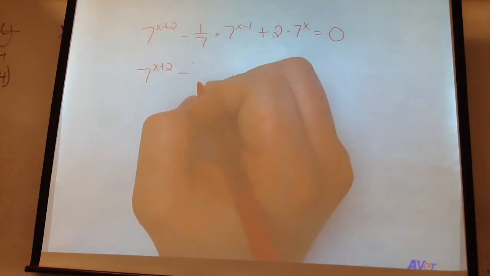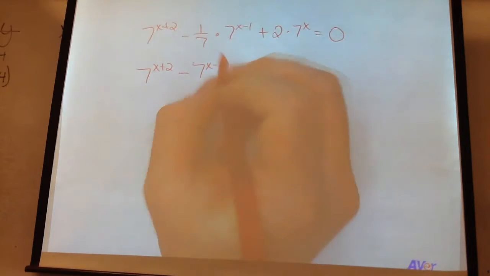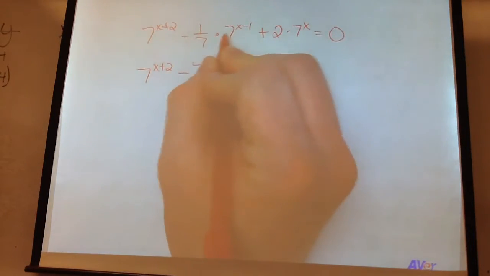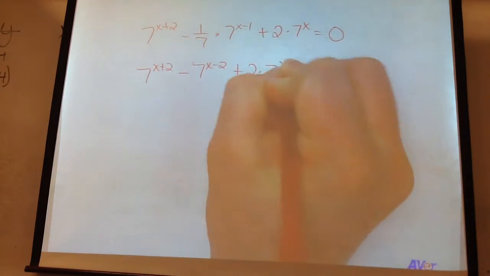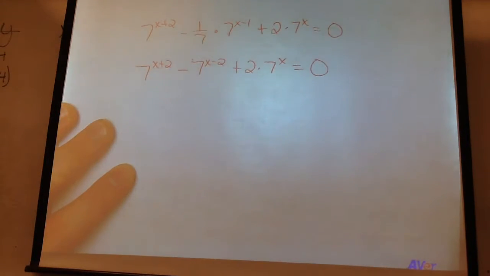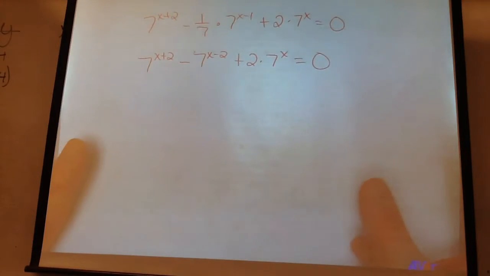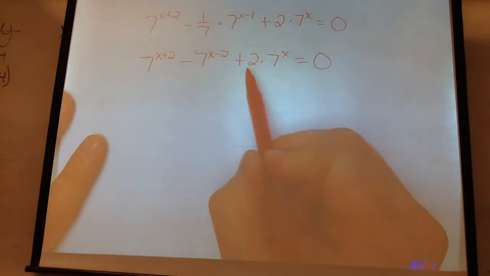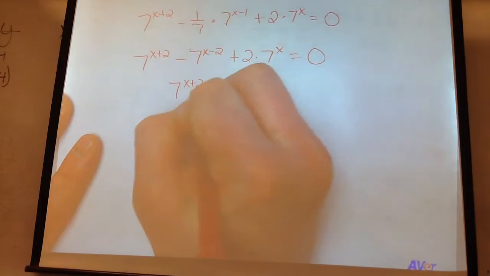Minus 7 to the x minus 2. Because that'd be like negative 1 and negative 1 plus of that, isn't it? Okay, that doesn't help all of this. You move that to the side. We can move some stuff to the other side. Subtract 2 to move. Can you move the 2 and the 7x to the other side and then combine all of these 7s?